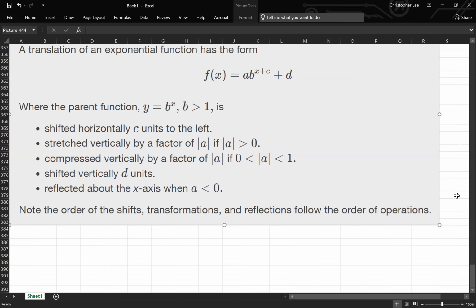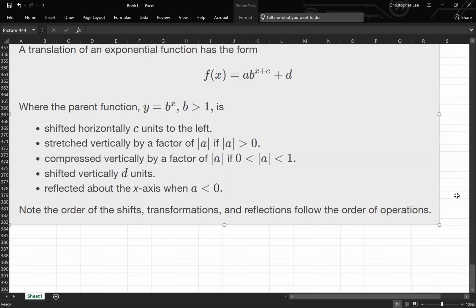Y'all remember that, right? It will get stretched vertically, right, by a factor of a. So the constant that's outside, right? Like either pull it up, pull it down, whatever, right? So it's a stretch if the absolute value of a is greater than 0. It's a compression if it's a fraction, less than 1, greater than 0. It will get shifted vertically, the graph, by d units.